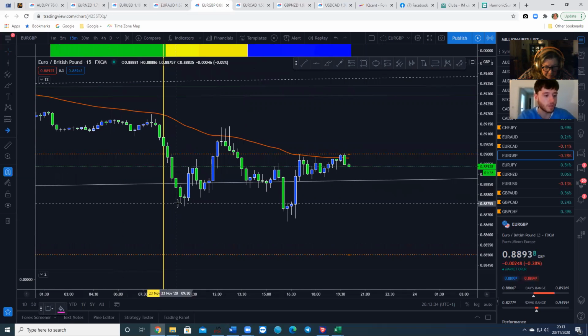So around 10 o'clock, I took that as a break. And I entered at that green candle. You see, you've got the green one before the pitchfork, and then the second one. Entered there. And it took me out.